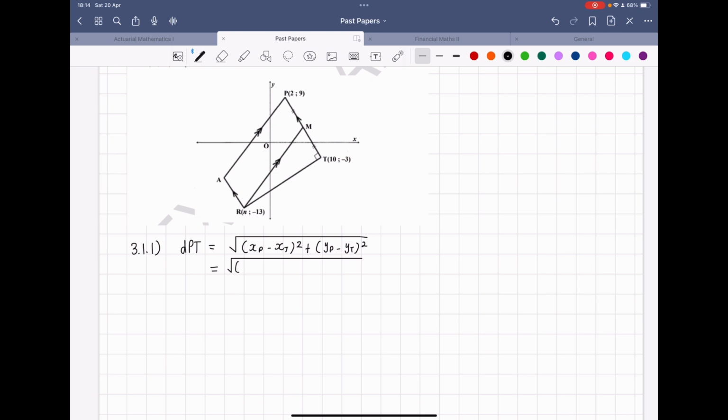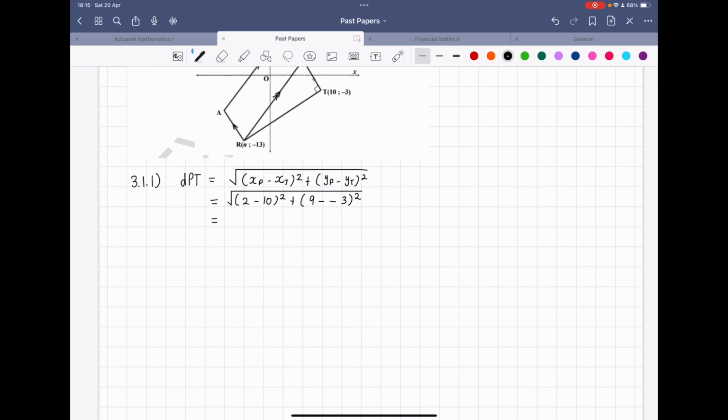So x of P is 2, and x of T is 10. And y of P is 9 minus the y of T, which is minus 3. So my first bracket is going to be 2 minus 10, which is minus 8, squared is 64. And then the second one, I have 9 minus 3, which is 9 plus 3, and that's 12.